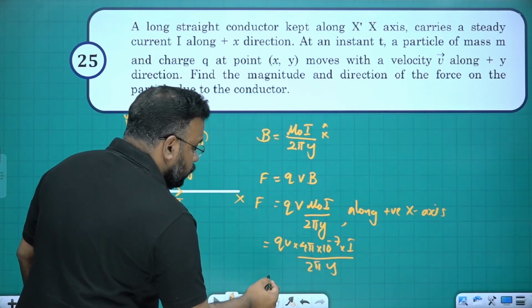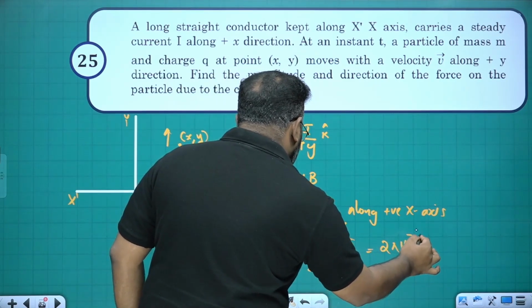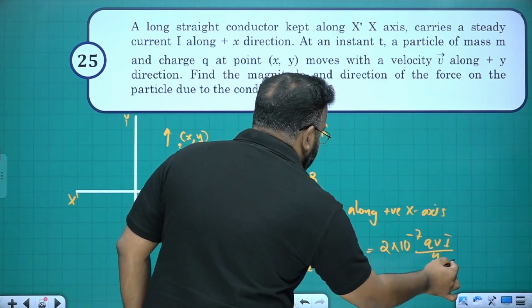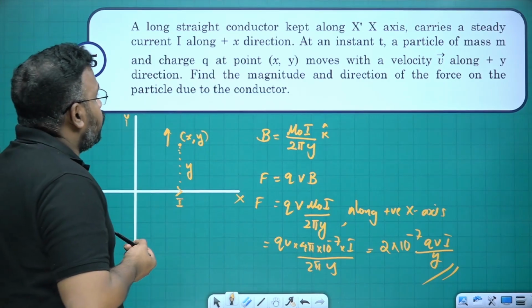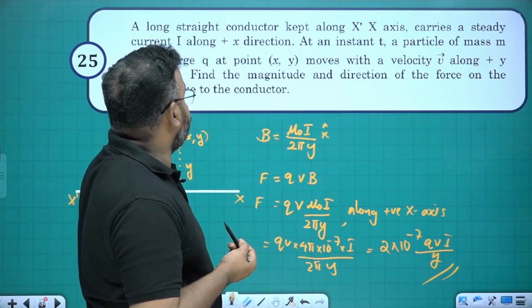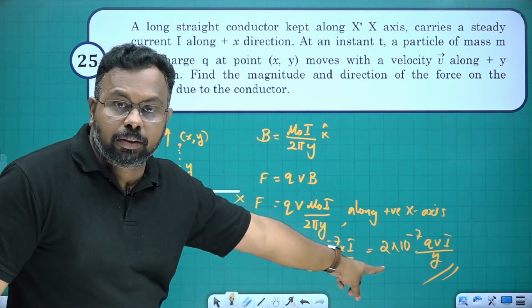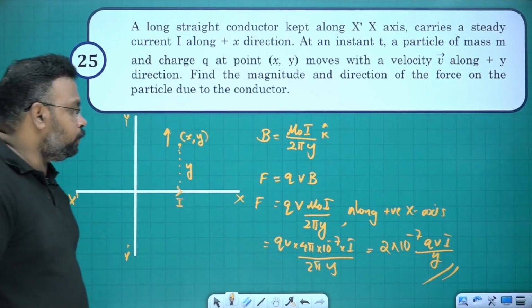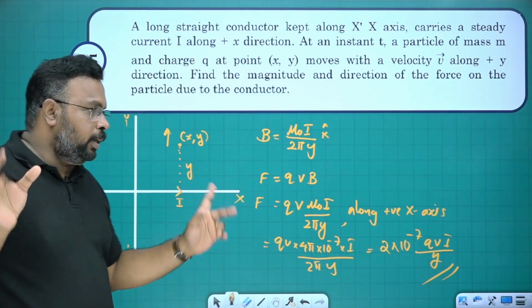So pi got cancelled. So finally we get 2 into 10 power minus 7 into QVI by y. This is the formula. They're asking find the magnitude and direction of the force on the particle due to the conductor. Simple. Got it? So magnitude is this much, direction is along positive x-axis. Clear or not? Yes.